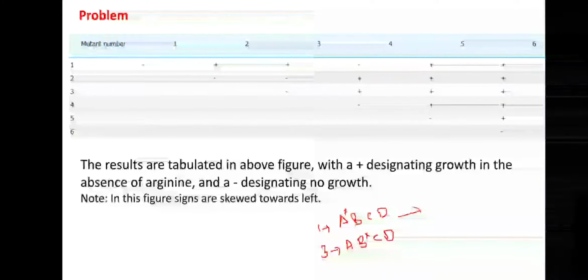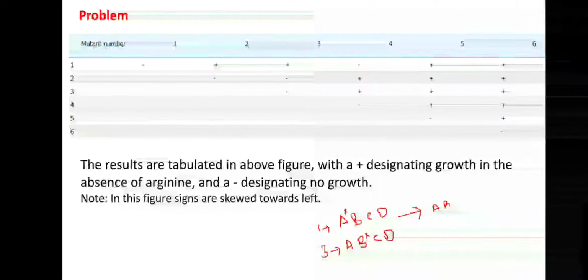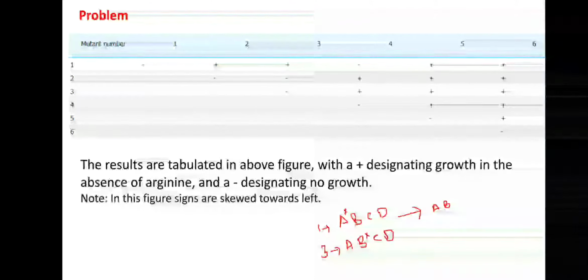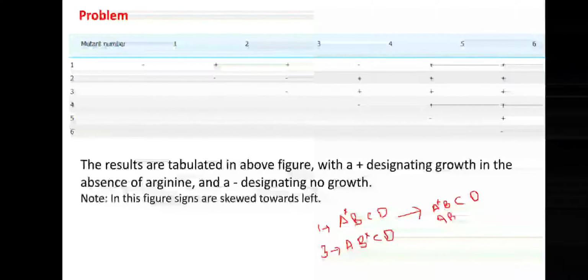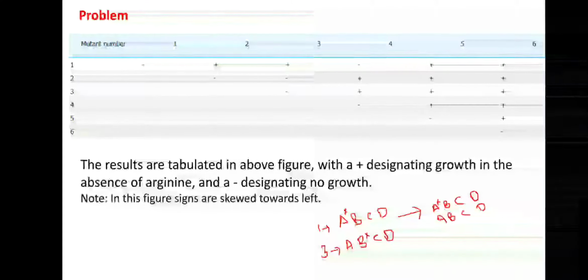When they are mated and are in the diploid state, the diploid state will be like A, B, C, D, where one is mutant. In the diploid state it will be like A, because 3 will also contribute now, B, C, D.